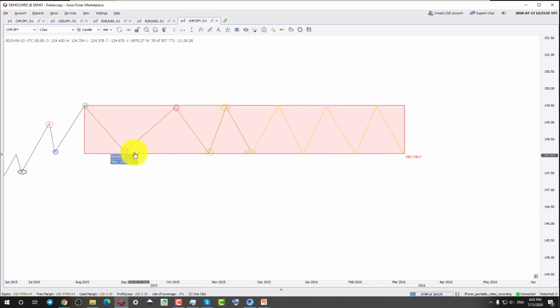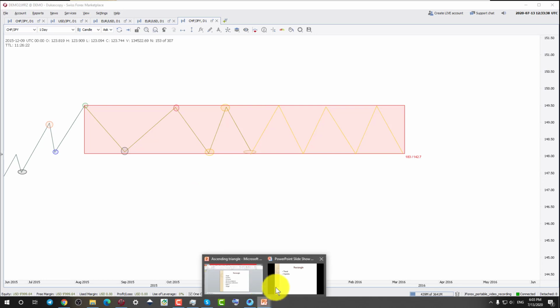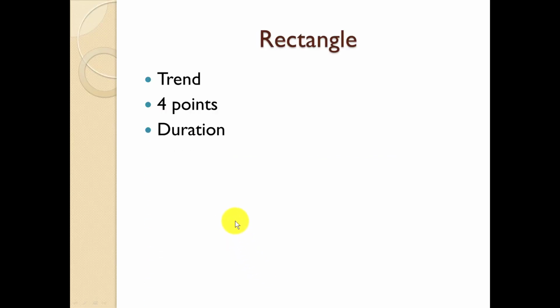Okay, now this is a rectangle, but this rectangle pattern is not confirmed. What are the things to confirm it? First is duration. I cannot stress this enough: rectangles on the daily charts or the weekly charts are more important, and a duration of 3 months minimum is required for a rectangle pattern to form.